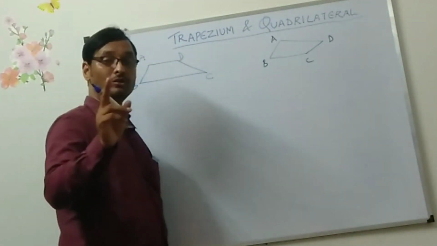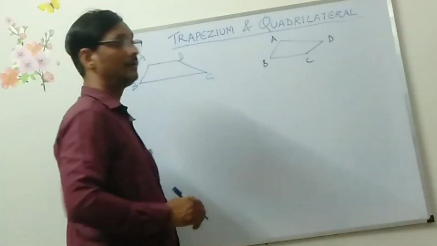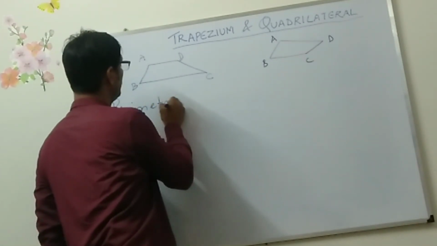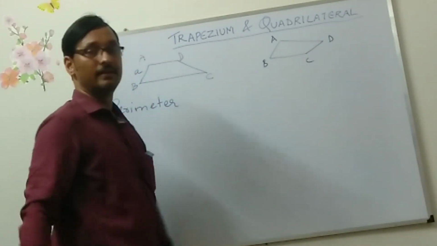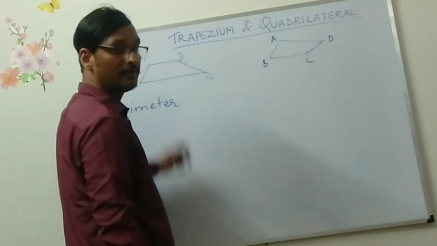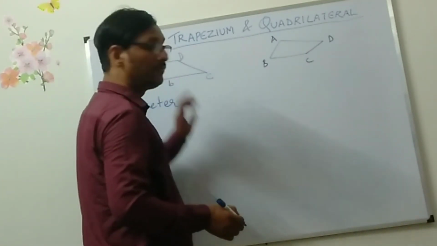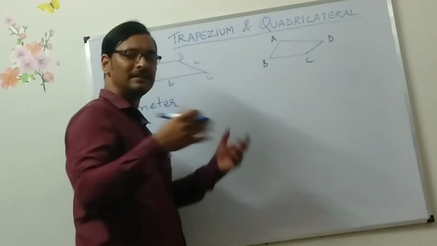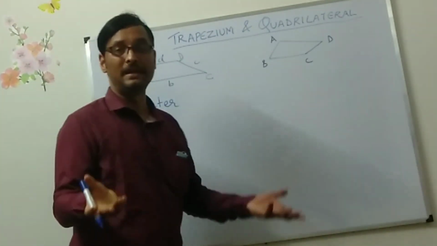I need to find out the perimeter and area of trapezium and quadrilateral. First, find out the perimeter. Suppose the name of this side is A. This side is not matching with this, so I am naming it as B. This side is not matching with this and this, C. Nothing is matching with each other, so this one is D. So what is perimeter?